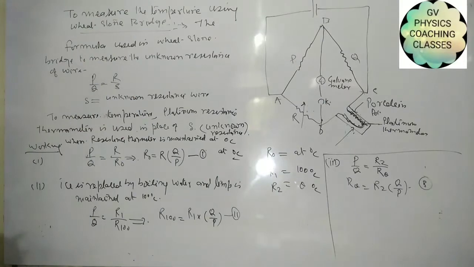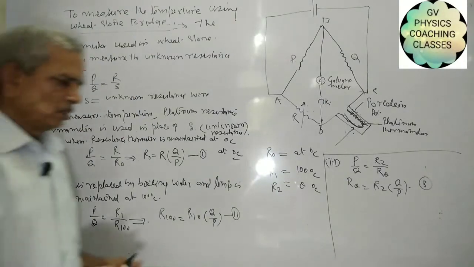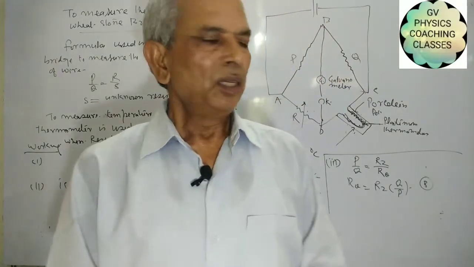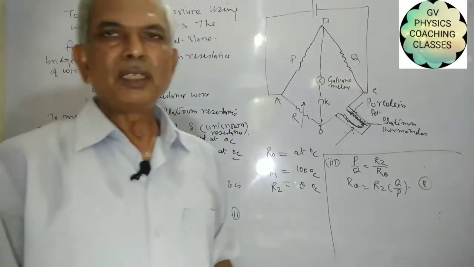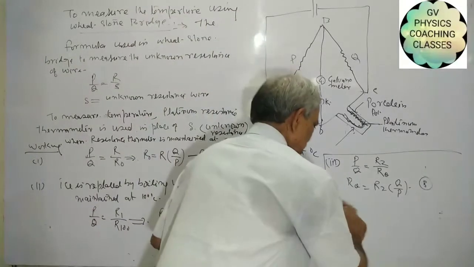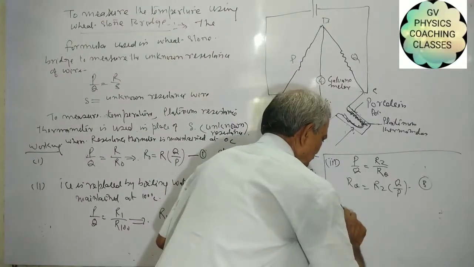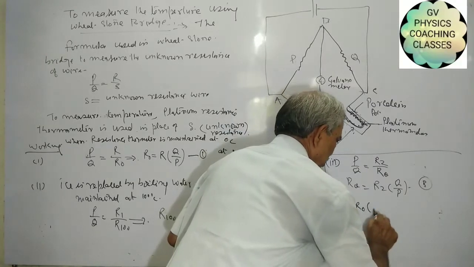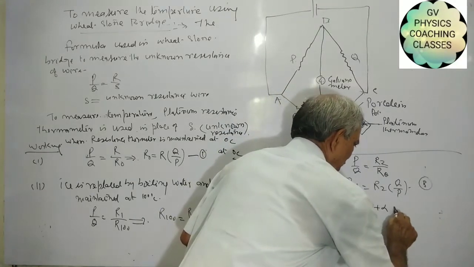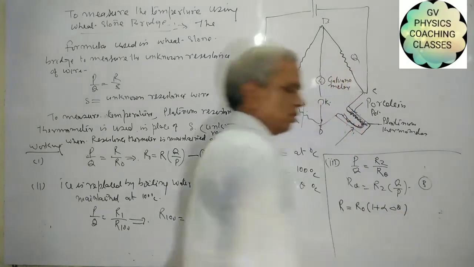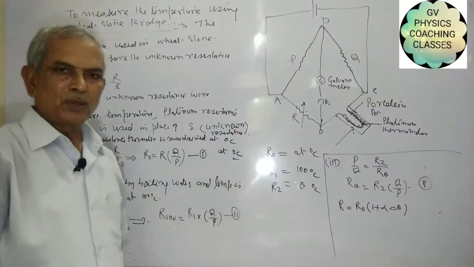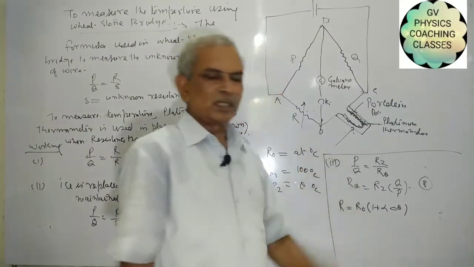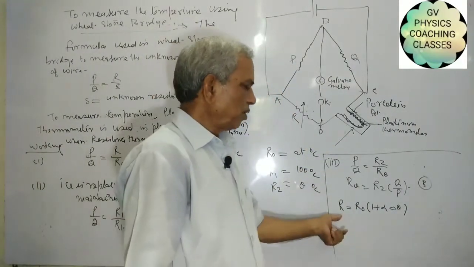Now, according to the property of resistance, the resistance increases with the increase of temperature. R is equal to R naught into 1 plus alpha into delta theta. According to this law, as the temperature increases, the resistance of the wire also increases.